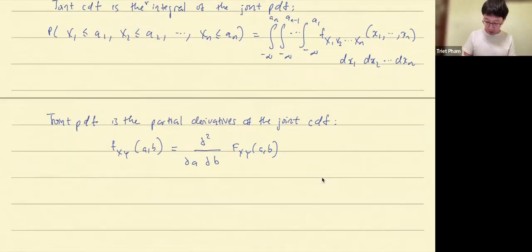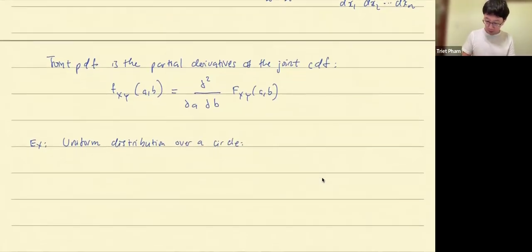So let's look at an example. This is called the uniform distribution over a circle. The idea is pretty simple.